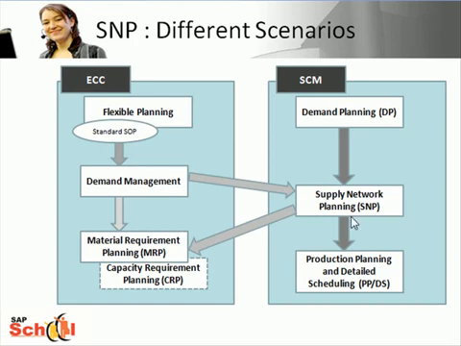The data to SNP can come from demand management in ECC or ERP, or it can come from demand planning within SCM itself. The results of SNP can be requirements for stock transfer between plants, stock transport requisitions, they can be planned orders, or they can be purchase requisitions.